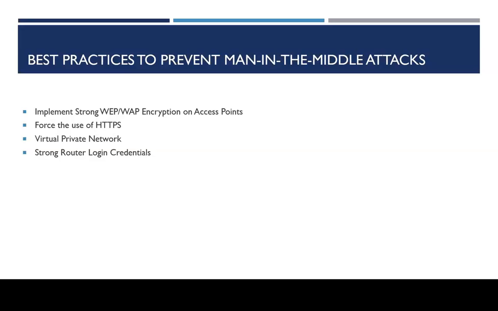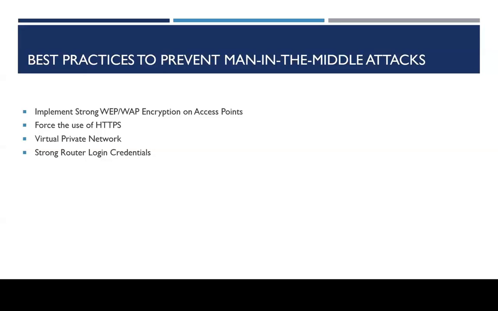So you should always try to implement strong wireless encryption on access points within your environment, and try to avoid outdated encryption algorithms like WEP, and also force the use of HTTPS. So you might look at it that it's an internal server, nobody will try to attack us, or there's no need to be so rigid in implementing security, right?